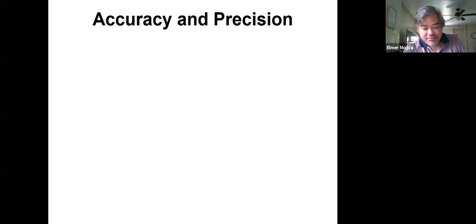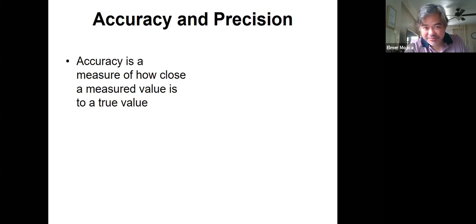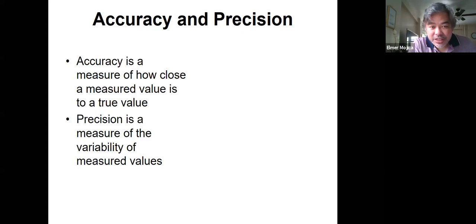Okay. Now, the next slide that I have here, maybe you have encountered this already: accuracy and precision. Accuracy is a measure of how close a measured value is to a true value.